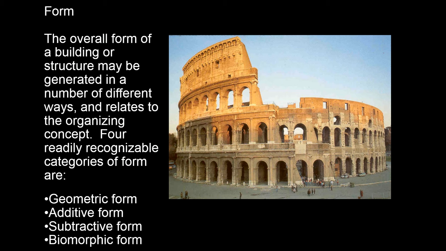And you're going to see those initial basic shapes in a lot of the architecture, if not all of the architecture, that you're going to be studying in the class. This is an image of the Colosseum in Rome. I was fortunate enough to go see this building a few weeks ago, and it's kind of creepy.